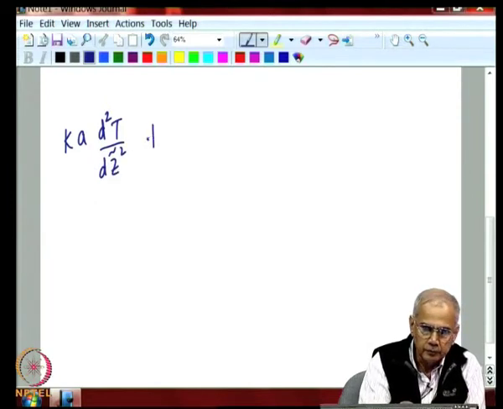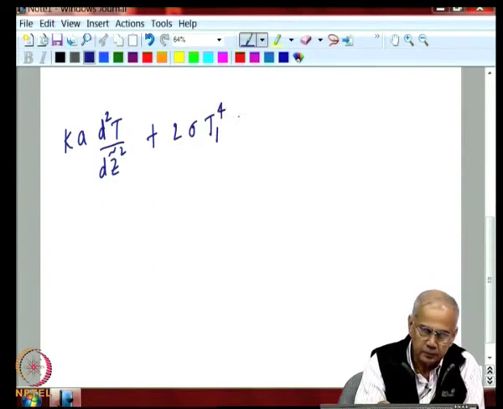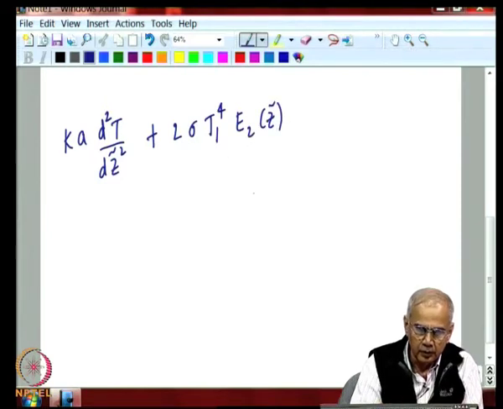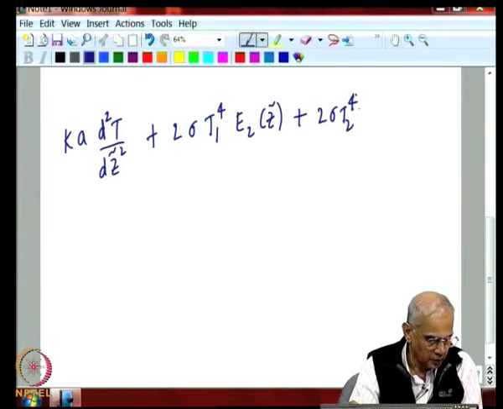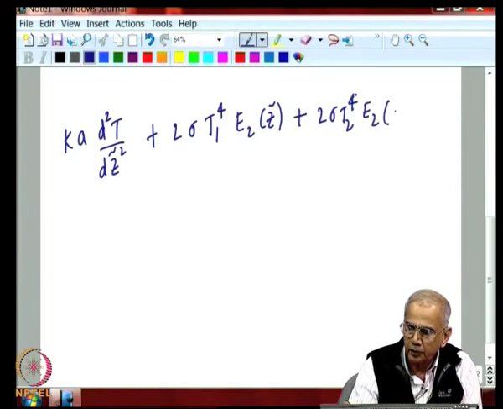And then we have the surface emission from the lower surface absorbed by the gas. Then you have the emission from the upper surface and we defined the Z0, which we will define now.